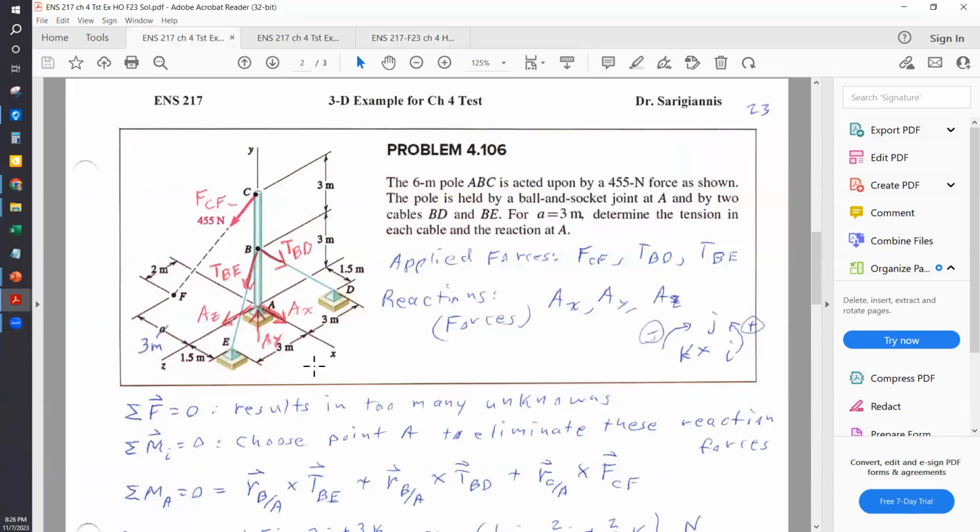In fact, this is essentially the problem that was on the test, except this is vertically oriented and the force is in multiple directions, right? It runs in the X, the negative X, positive Z, and negative Y direction. Whereas the force in the problem in the test was just acting in one direction. So it was much easier, right? This is also symmetric. So yeah, should have been pretty straightforward.